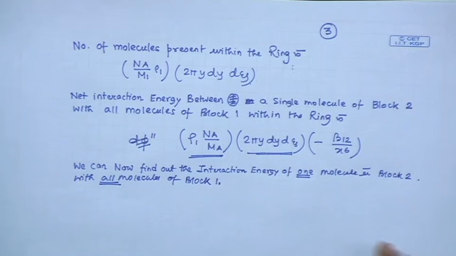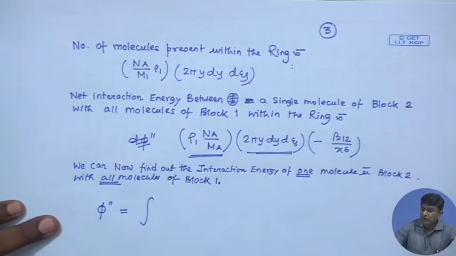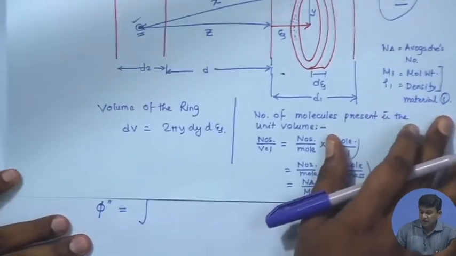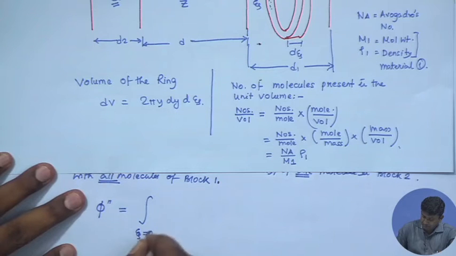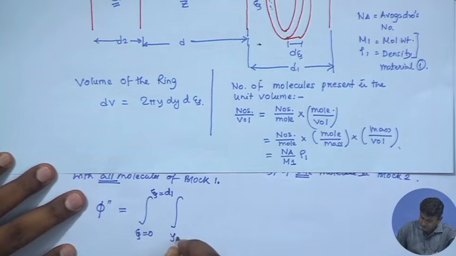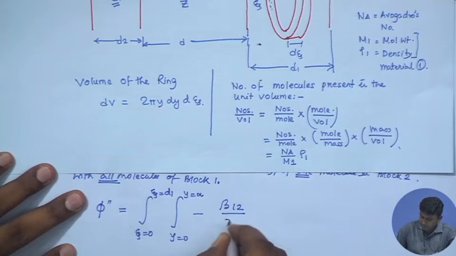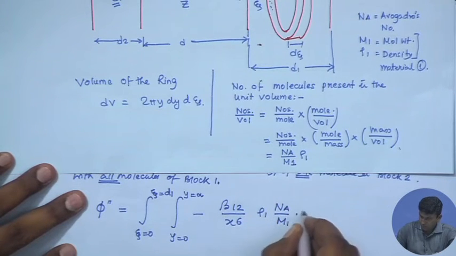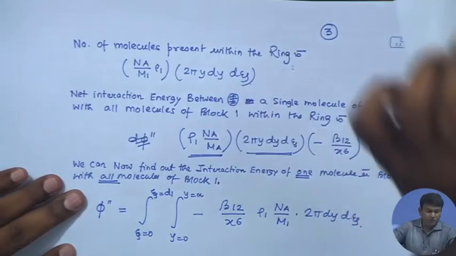And how can one do that? One can simply do that by integrating this expression within suitable limits. What are the expanses of block 1? Zeta stretches from 0 to d1 and y stretches from 0 to infinity. So, you need to perform this integral.